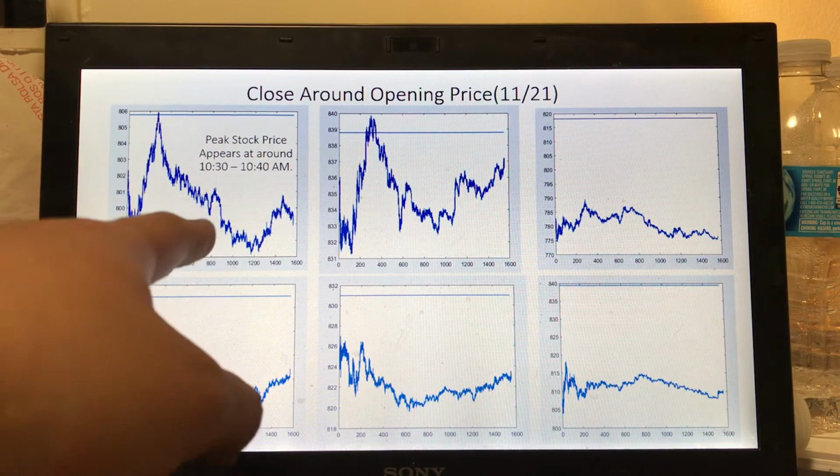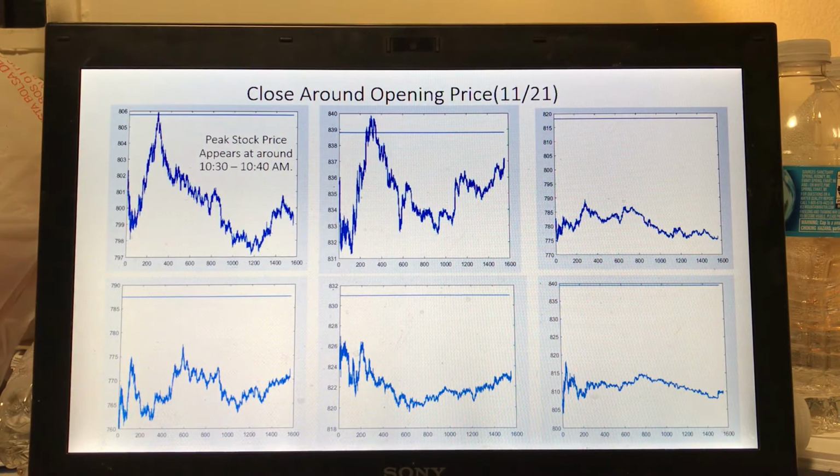Please note that in the first 2 diagrams, the stock quickly climbs to around the previous closing price, and then its momentum is unable to support it to climb further higher, and the stock gradually drops to even below its opening price.